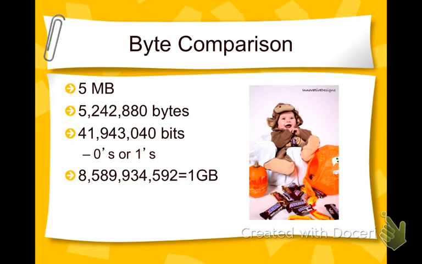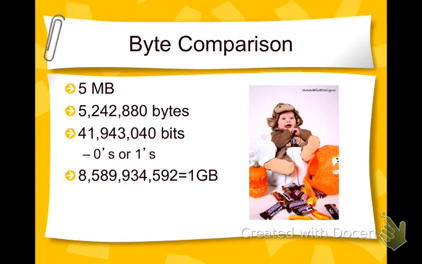And here's my oldest daughter, Kaylee, when she was a kid. This is a photo I made, and it was at the time 5 megabytes. What that means is 5,242,880 bytes. That means there's that many combinations of 8.